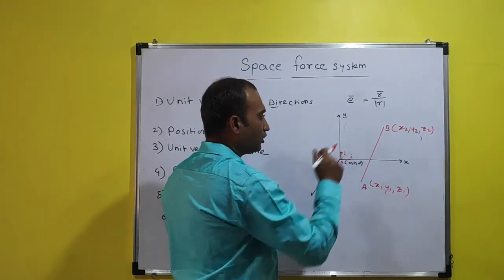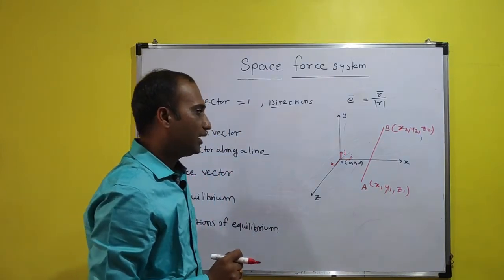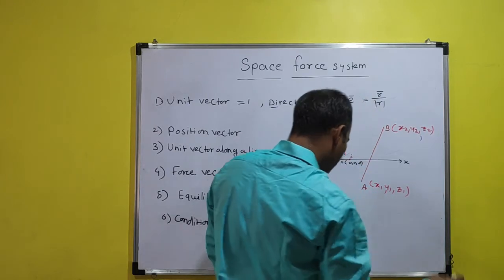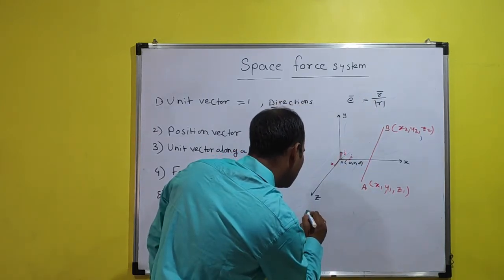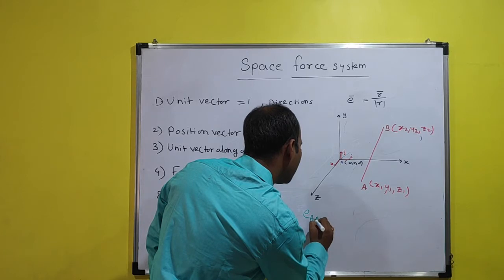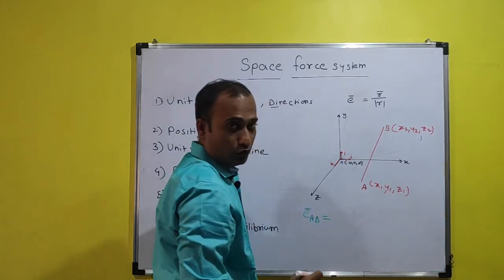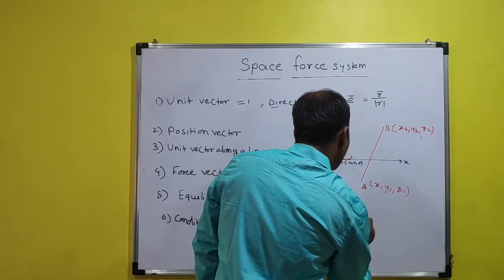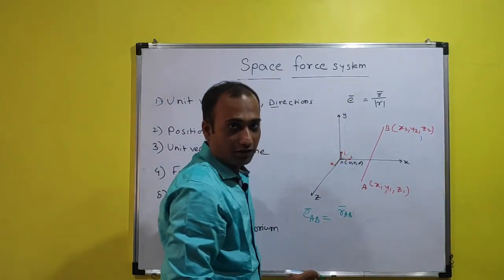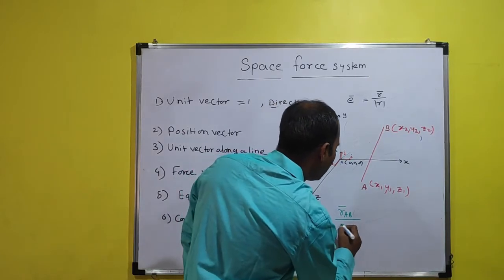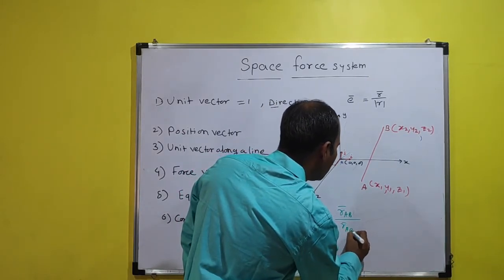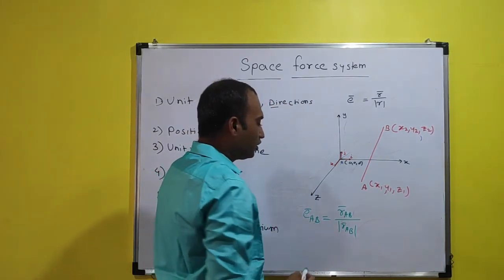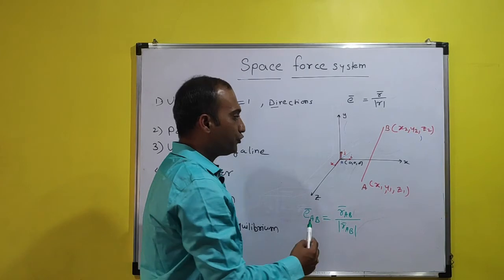Then we have to find out the unit vector for this line AB. So how are we going to find this? Let's say the unit vector of line AB is equal to the position vector of this line AB divided by the magnitude of this position vector. So by using this formula we can calculate the unit vector.